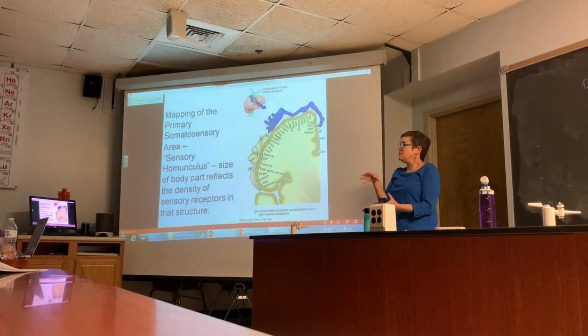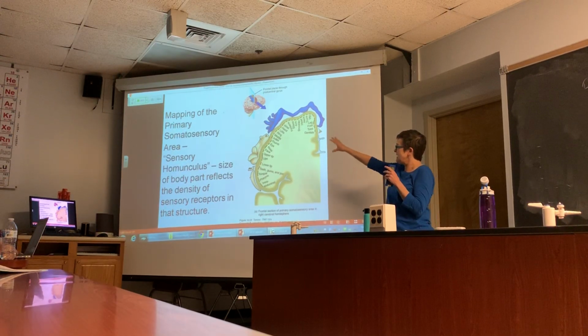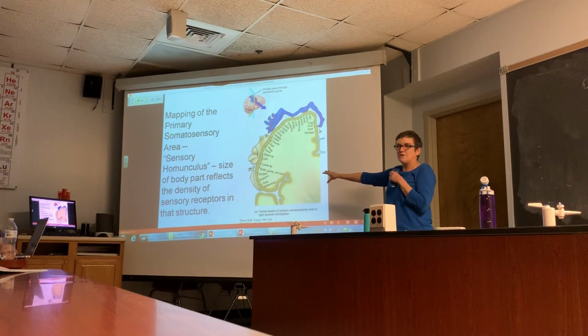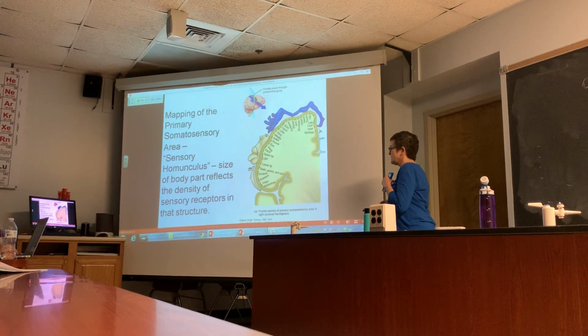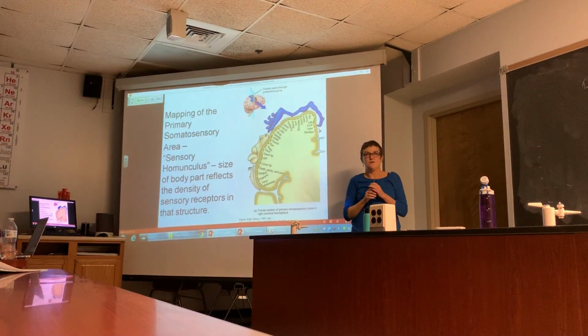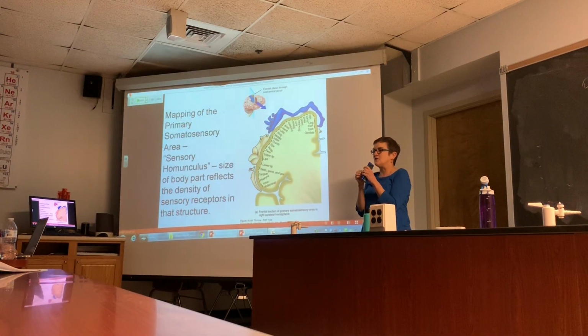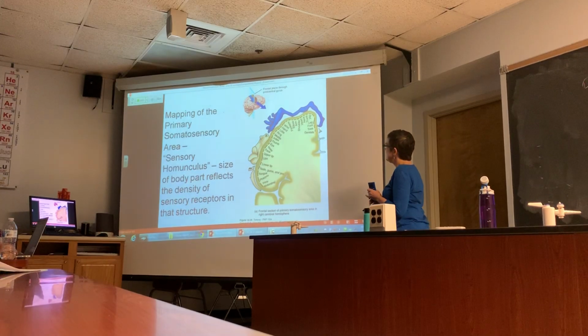It's been used in a lot of different ways, but in this case, it's a mapped out version of all the different parts of the body, and the size reflects the amount of sensitivity. In other words, the density of sensory receptors, which also means if you have more density of sensory receptors, you have smaller fields in which you're feeling those sensations.